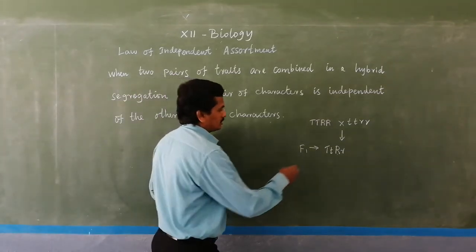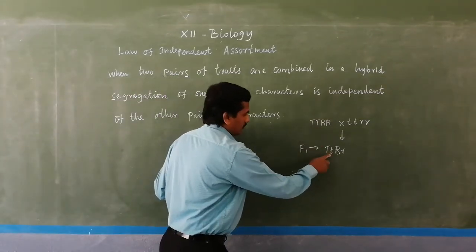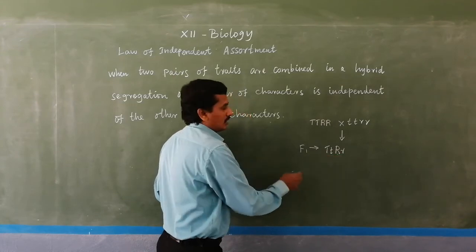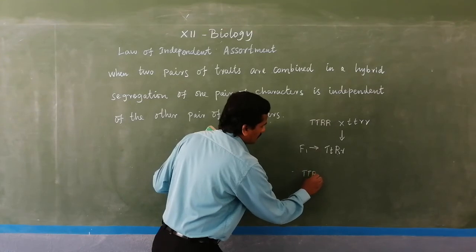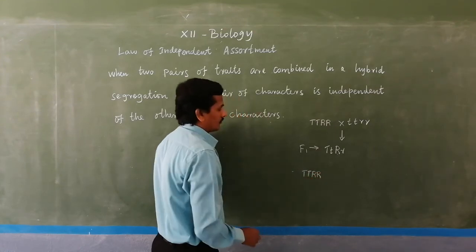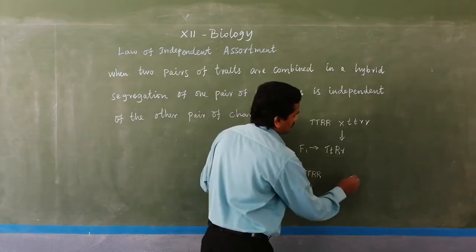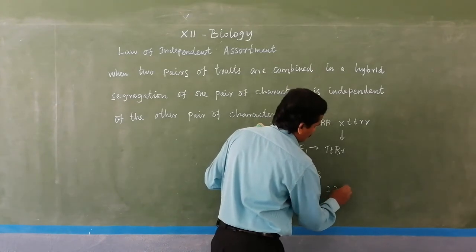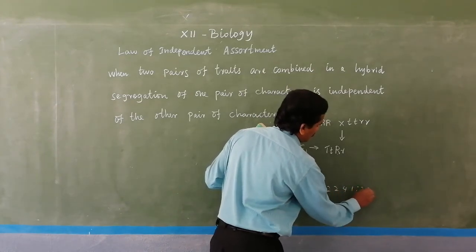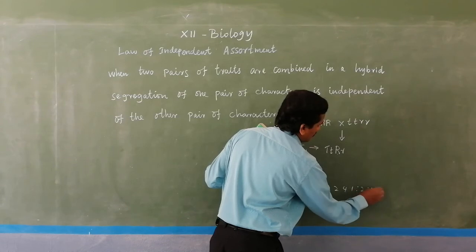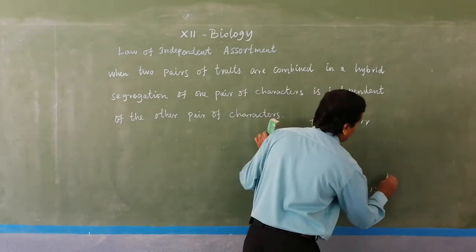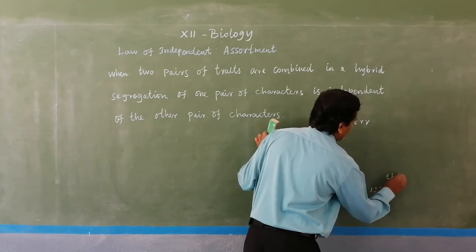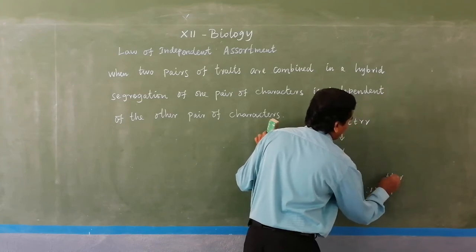In the F2 generation, normally the F1 pair is mixed, but in the F2 generation, capital T, capital R is 1, 2, 2, 4, 1, 2, 1, 2, 1. The last one is small t, small r, small r.